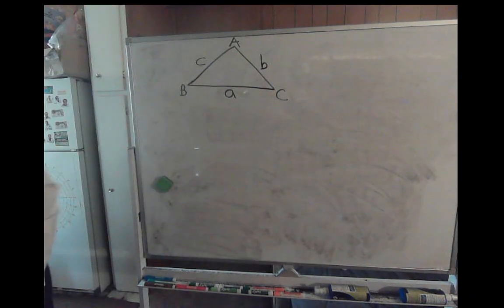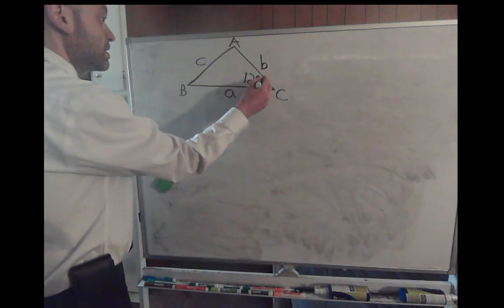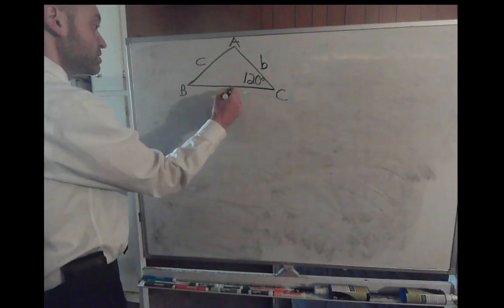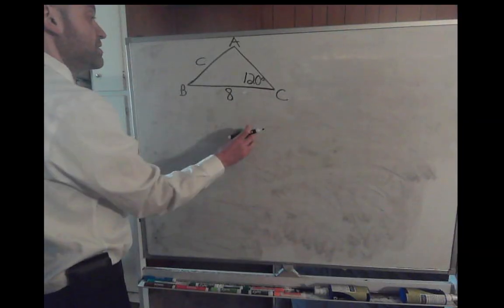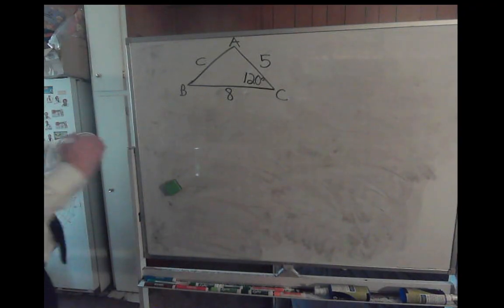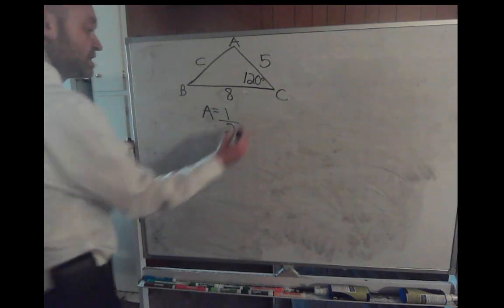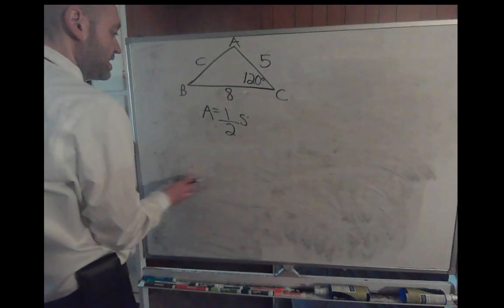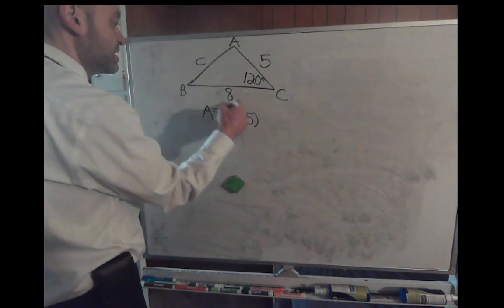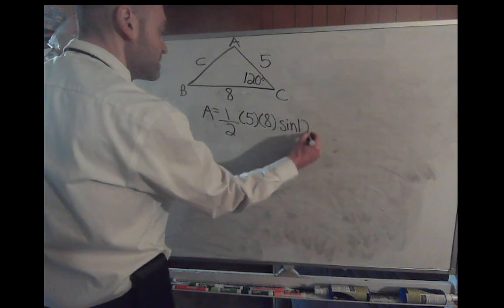All right, let's see what we got next. Angle C is 120 degrees, side A is 8, side B is 5. To find the area, we take 1/2 times the first length of 5 times the second length of 8 times the sine of 120 degrees.